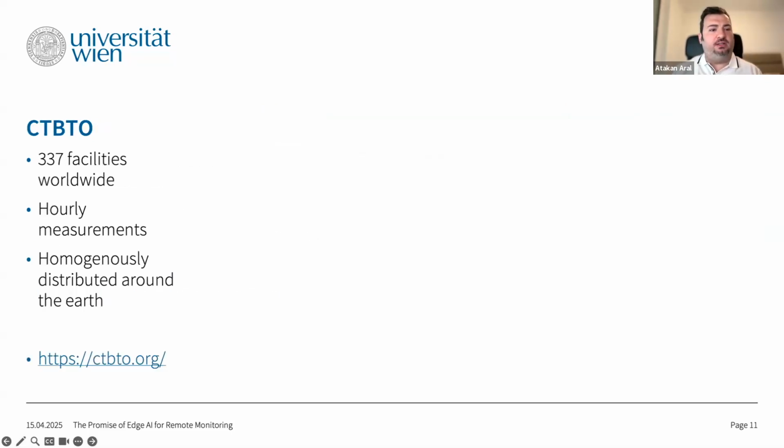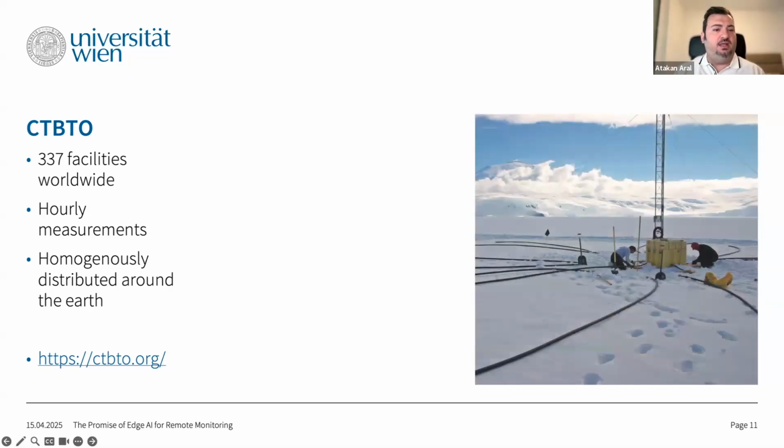And maybe the largest and most distributed monitoring system in the world is CTBTO, which is used for monitoring nuclear tests. Nuclear tests are banned according to an international agreement, and CTBTO's role is to check that no one is actually conducting a nuclear experiment.